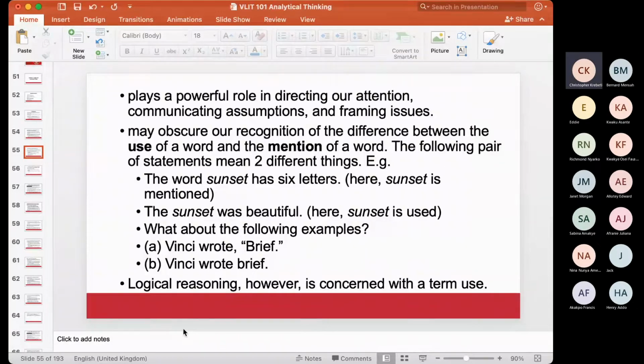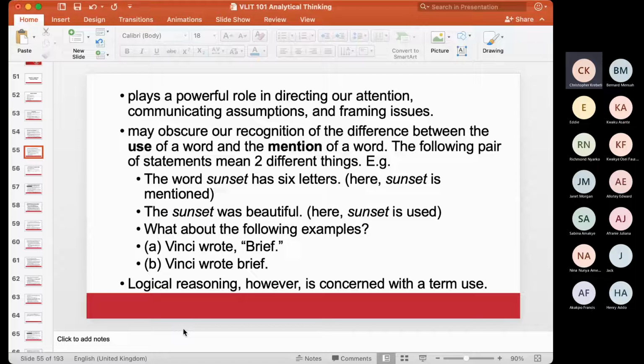Other factors also include that language plays a powerful role in directing our attention, communicating assumptions, and framing issues. Sometimes language may obscure our recognition of the difference between the use of a word and the mention of a word.